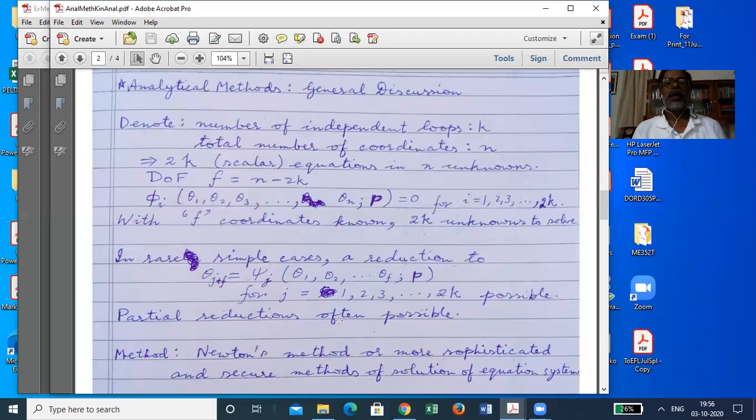So, partial reduction is always possible. Otherwise, the full set of the equations. The complete reduction is mostly not possible; only in very simple rare cases it is possible. But partial reduction is often possible. So suppose there are 3 loops in the mechanism.